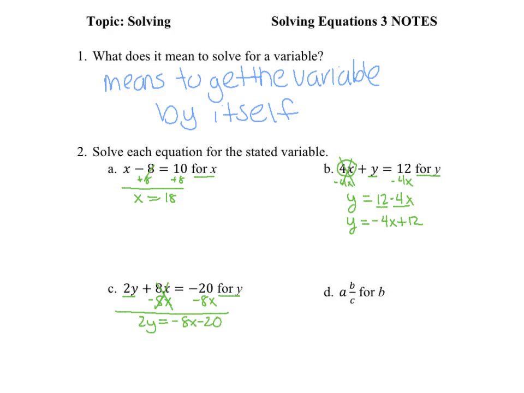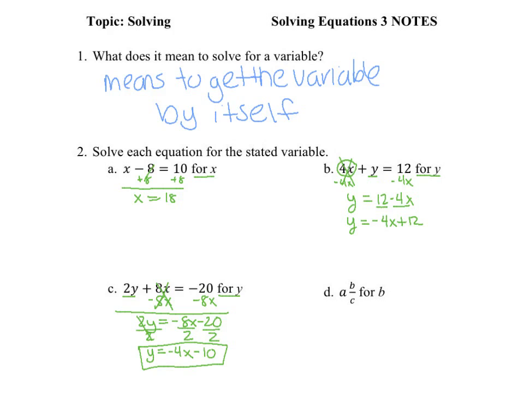Now to get the y completely by itself, I need to divide everything by 2. That way the 2's cancel, and I'm left with y equals, now negative 8 divided by 2 is negative 4x, and negative 20 divided by 2 is negative 10. So my answer is y equals negative 4x minus 10.